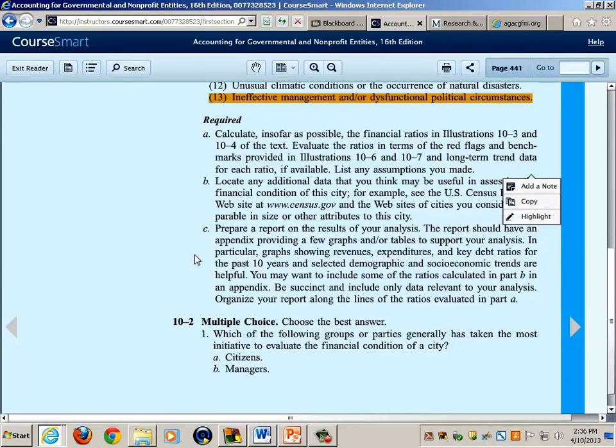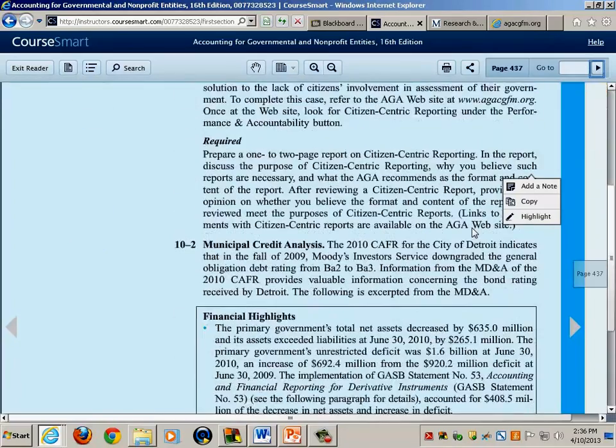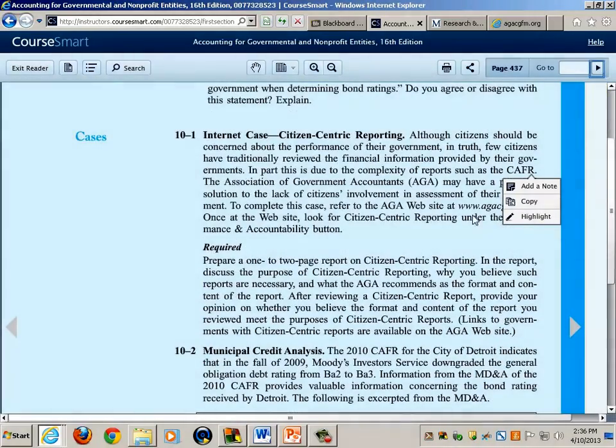If you have the book, it's fine, because what I'd like you to do now is take a look at page 442, which had 437 actually, which is this citizen-centric reporting.